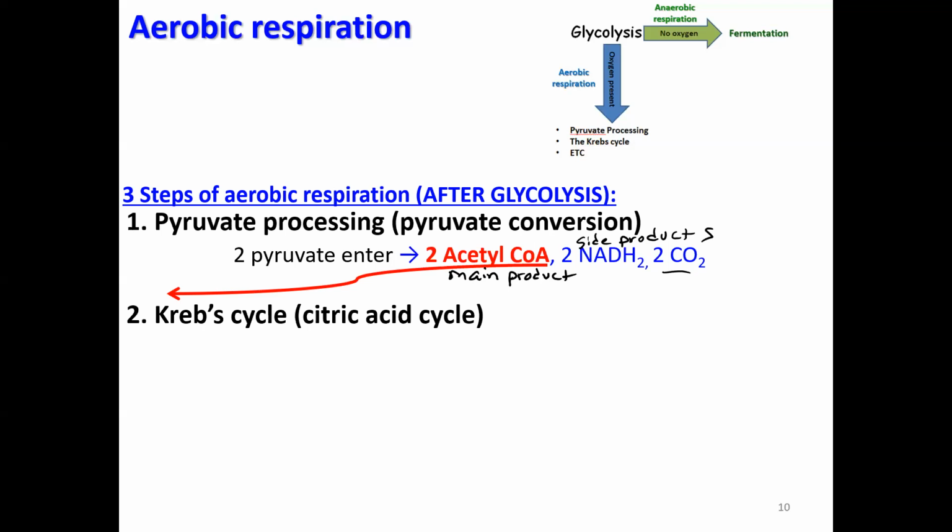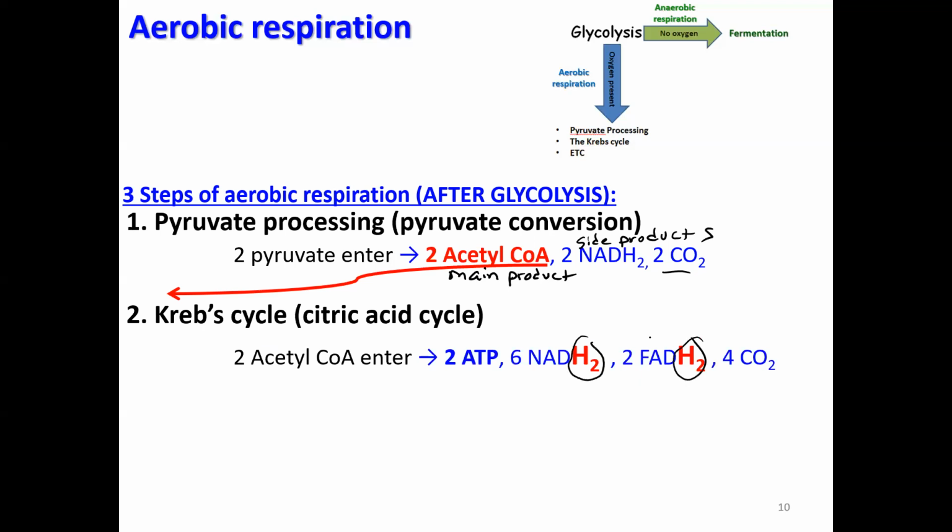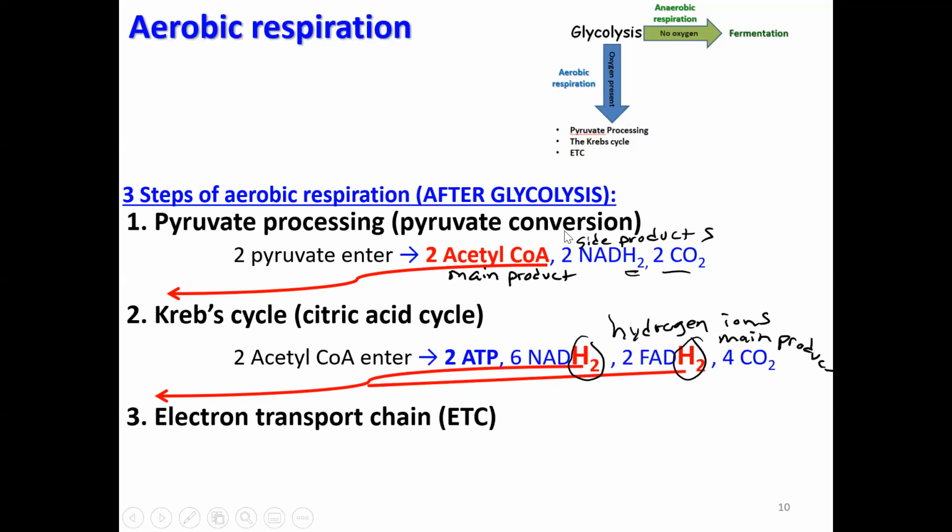What's going to happen there is 2 acetyl CoA enter. The main products are the hydrogen ions. In fact, nothing is wasted. The hydrogen ions in the previous step will also be used, but hydrogen ions are the main product. They go on into the electron transport chain.